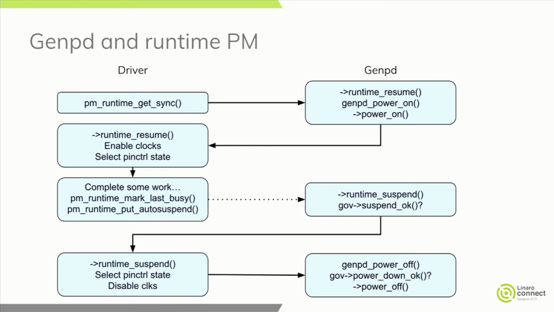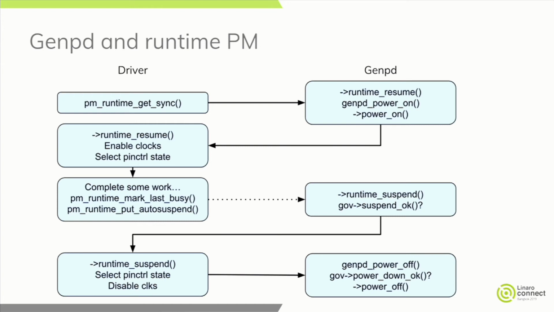Then Genpd is actually looking below in the hierarchy. In most cases, at least for the platform device cases, there are no other runtime callbacks assigned. It's optional, of course, but it's only on the driver level, so there is none on the bus layer, for example.